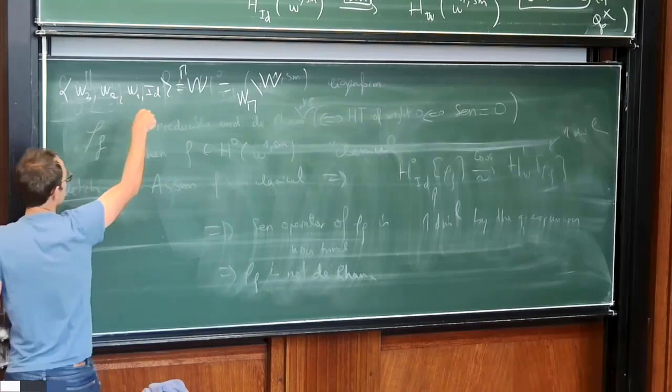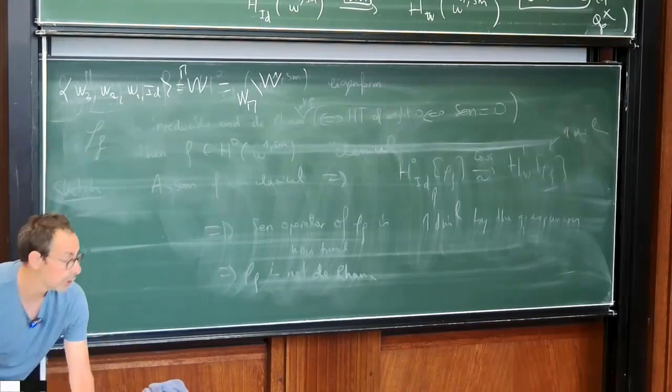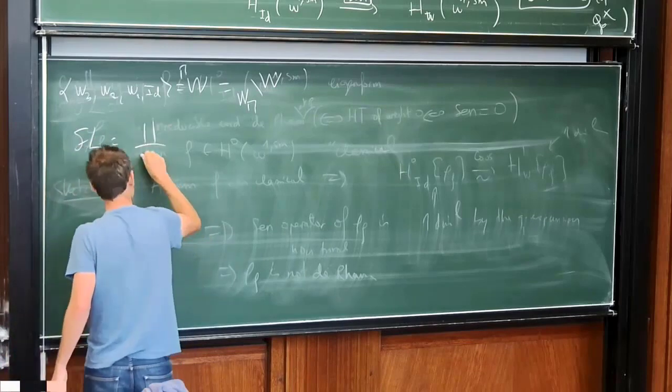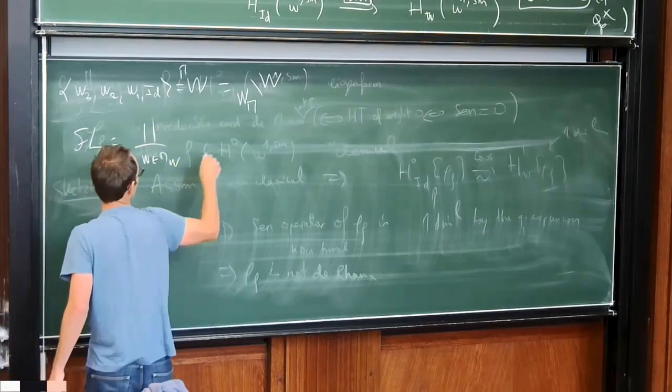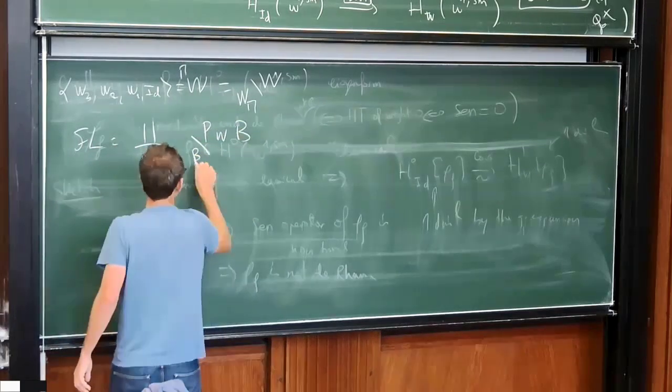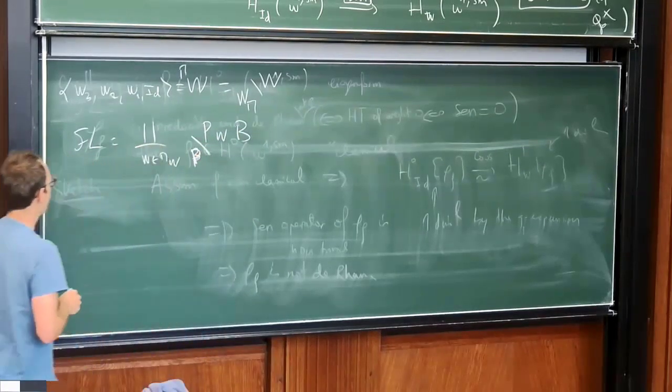And this parameterizes the Brouwer stratification on the flag variety. Namely, the flag variety is the union over W in MW of the orbits PWB mod P.